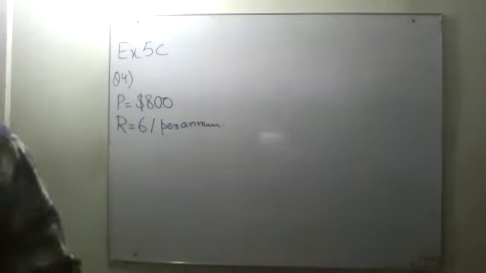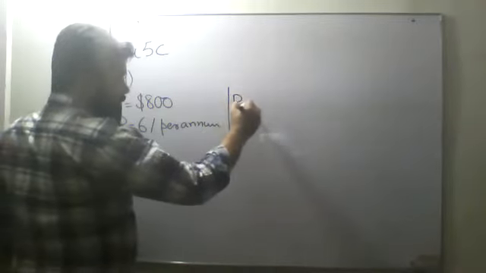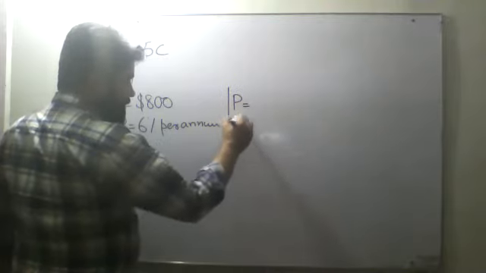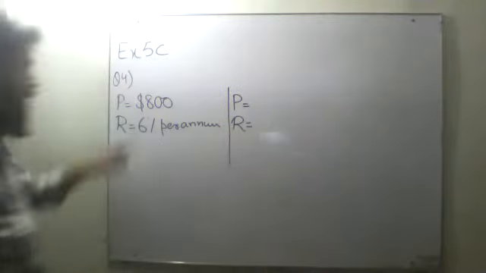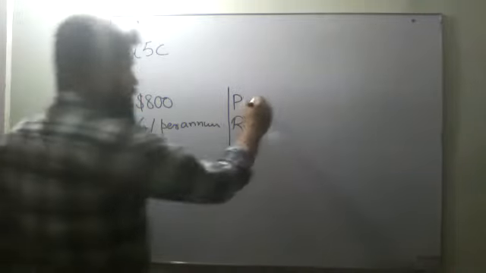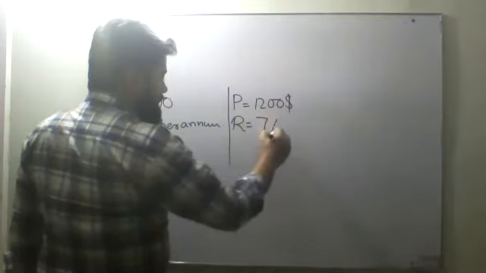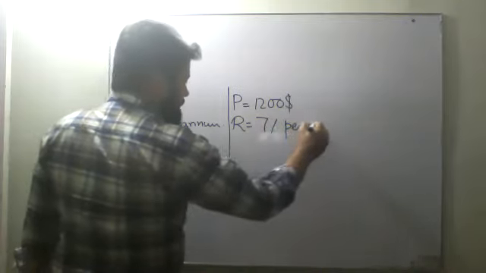And $1,200 that pays simple interest at a rate of 7% per annum. So she has deposited two amounts. One is $800 at 6%, and then $1,200 at 7% per annum.